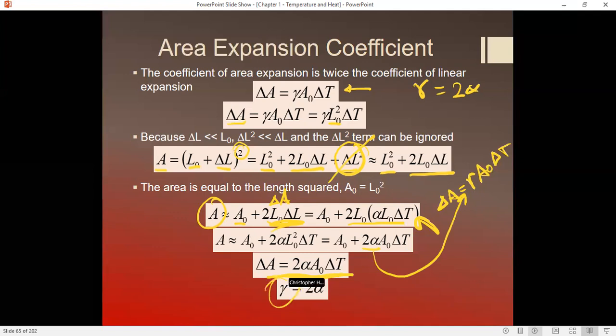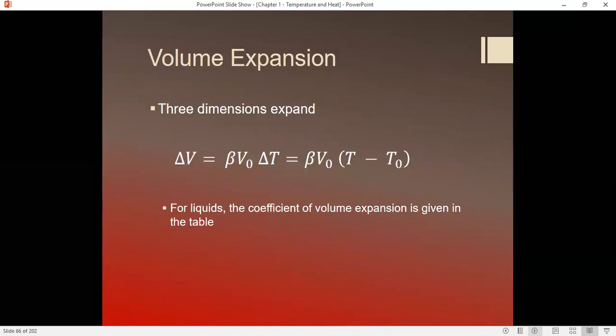So again, it shows that gamma, which is the area coefficient for linear expansion, thermal expansion, is equal to twice what alpha is. You can do the same for volume, okay? The change in volume of anything is equal to this volume constant of thermal expansion, where we have the original volume times the change in temperature.